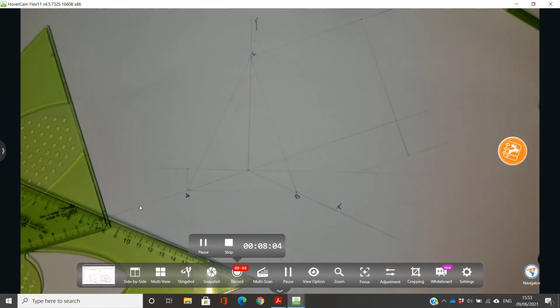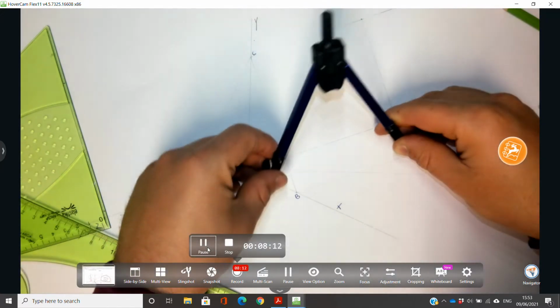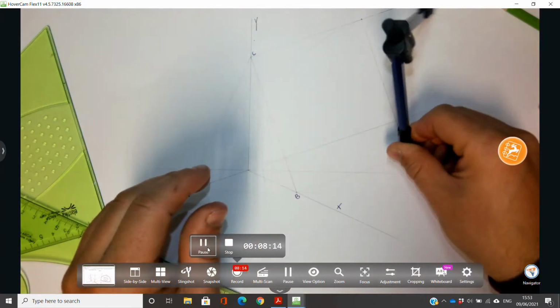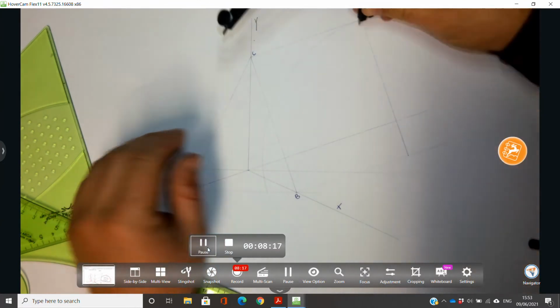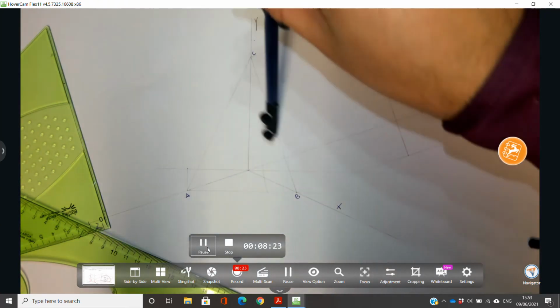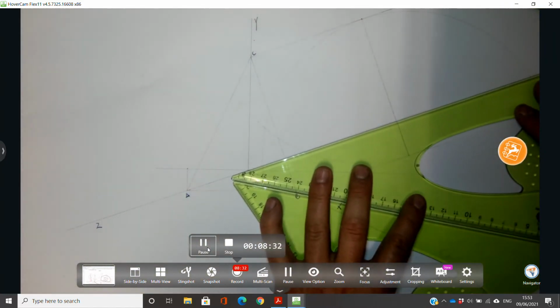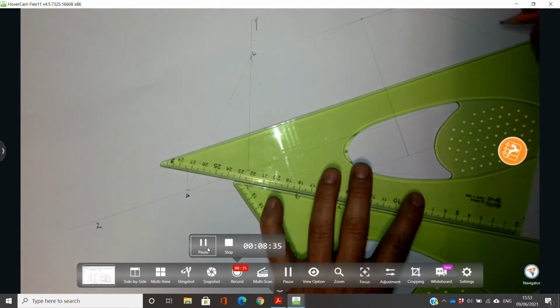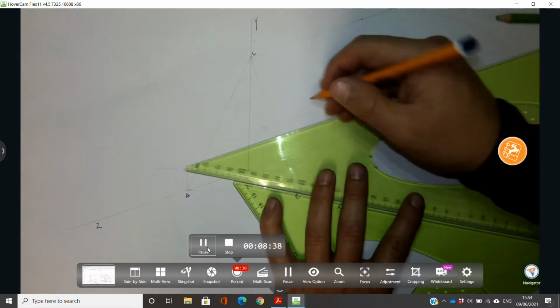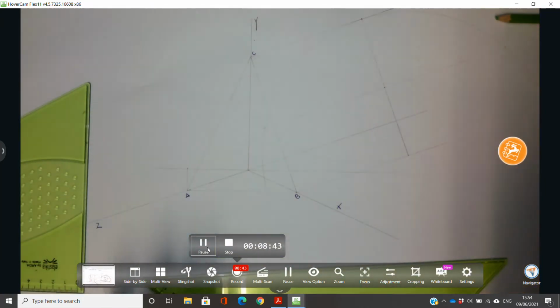Okay, so I just want to get my compass. So I'm going to bisect this line now. Okay, now I'm going to draw in my semicircle then.